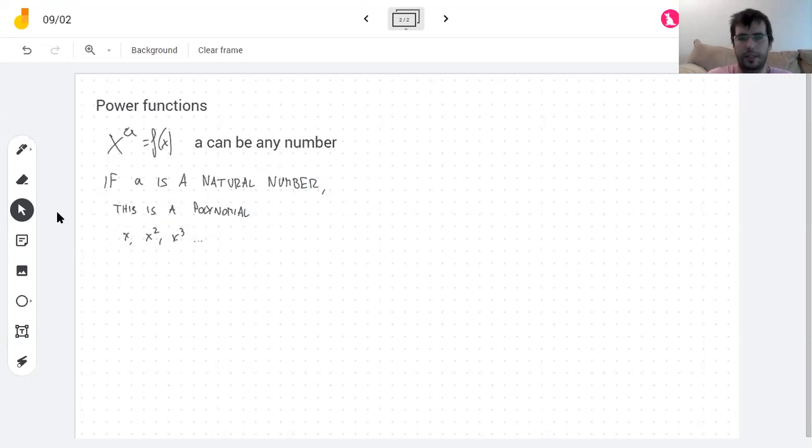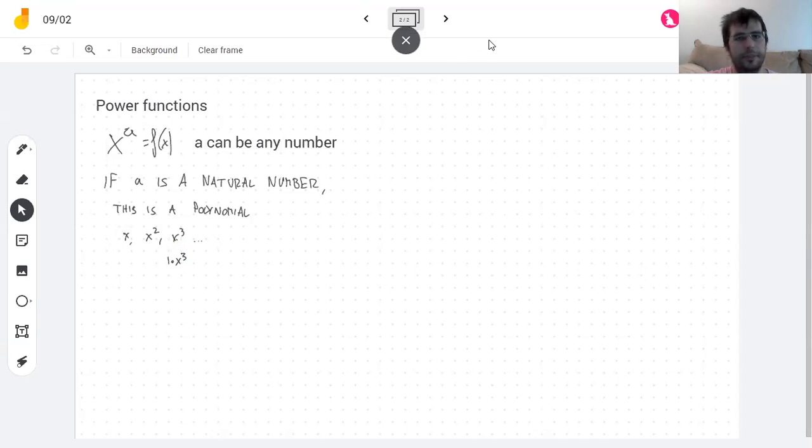So this is a sum of things that look like a number times a power of x. A sum of one thing is also a sum: 1 times x cubed plus nothing else. So this is a polynomial.